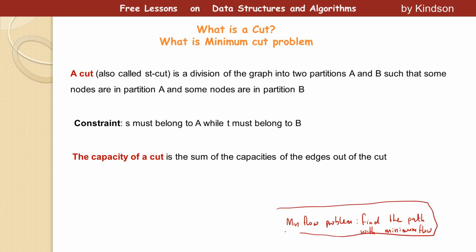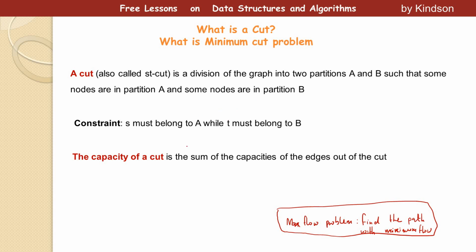Remember, we say that the flow cannot be more than the capacity, but it can be close to the capacity. So find a path to the maximum flow. You keep adjusting the flows through each of the edges of the graph until you get the maximum flow.